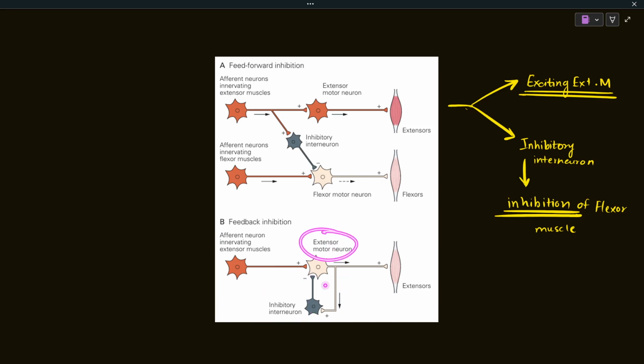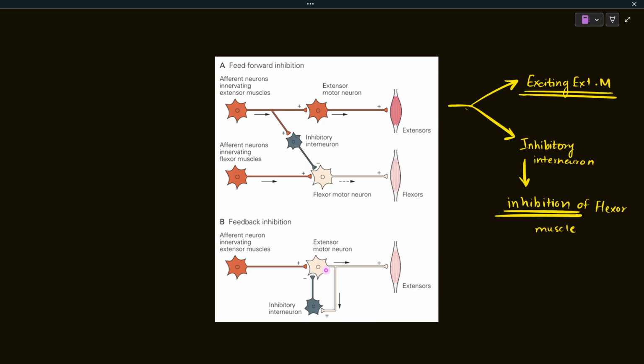So whenever the stimulus is strong, to avoid overstimulation of the extensor muscle, this inhibitory loop is formed.